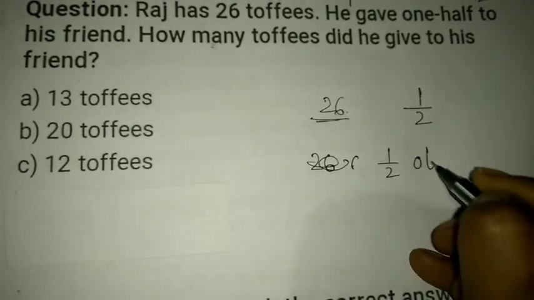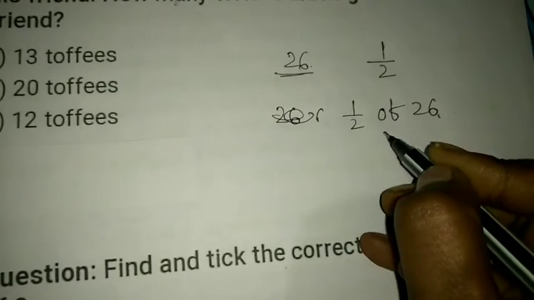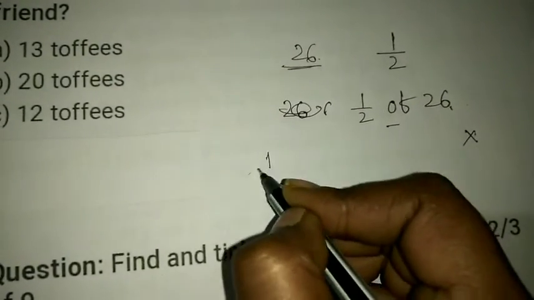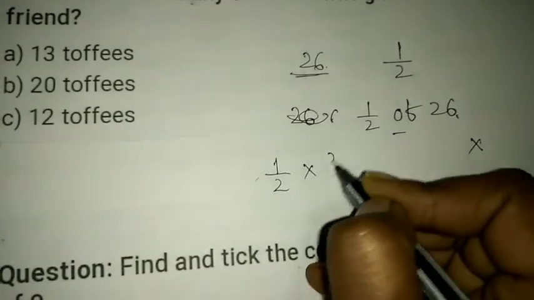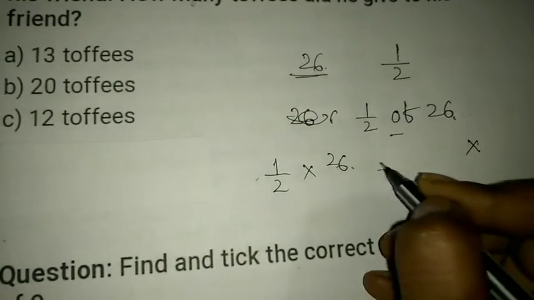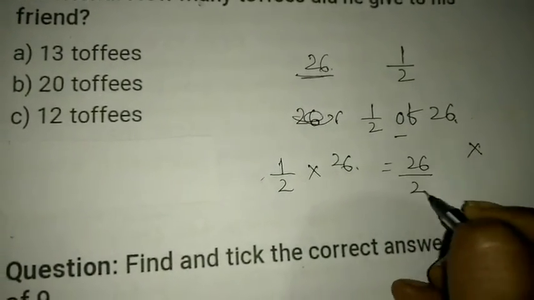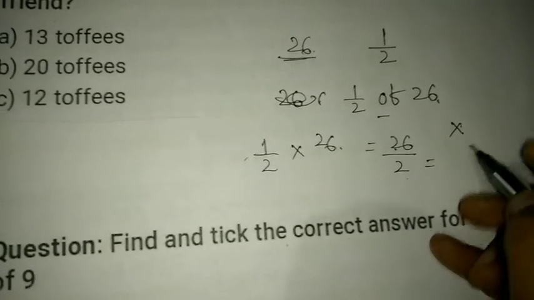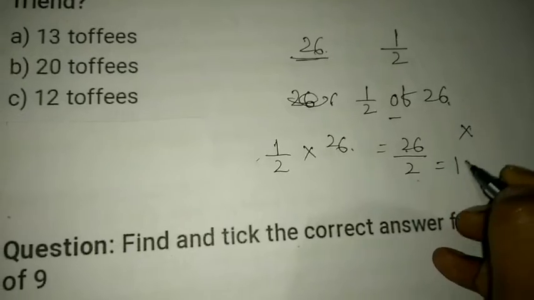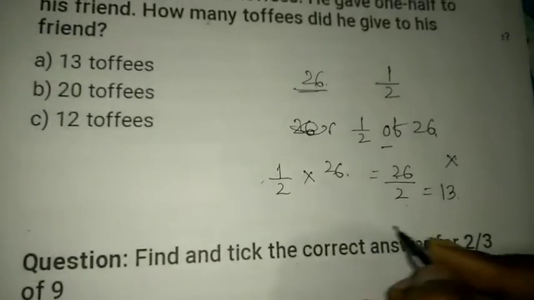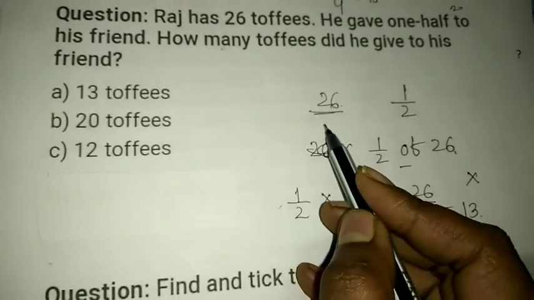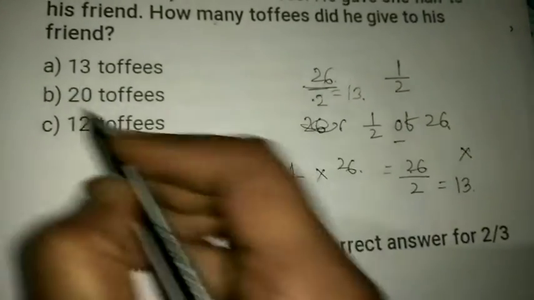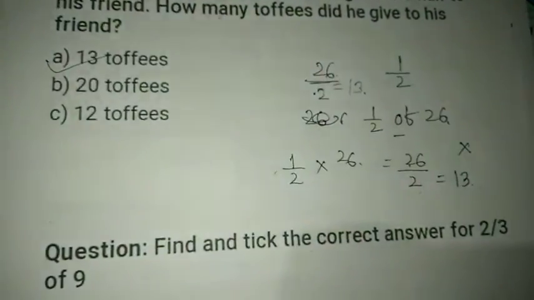Here of means we have to multiply. That is 1 by 2 into 26 is equal to 26 by 2. If we divide 26 by 2, then the answer is 13. So this is option A.